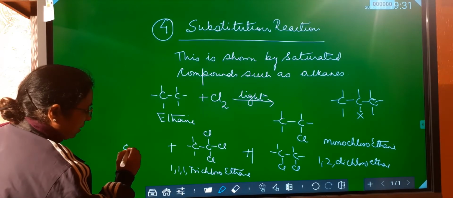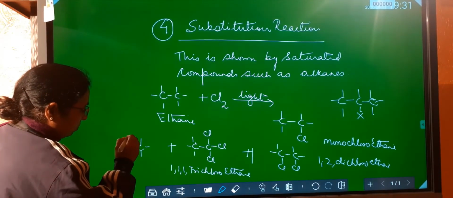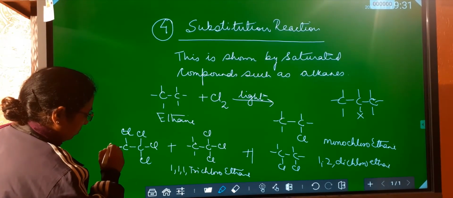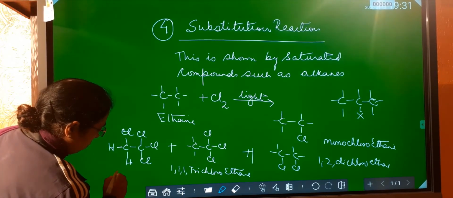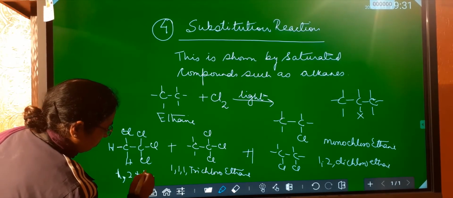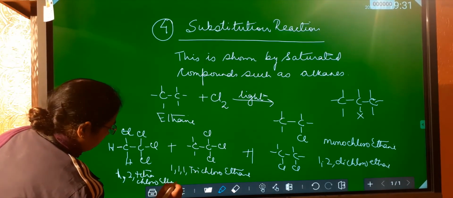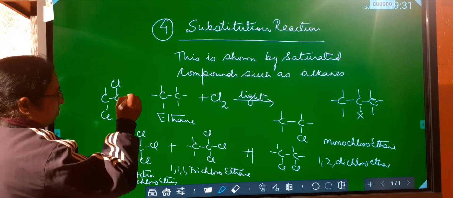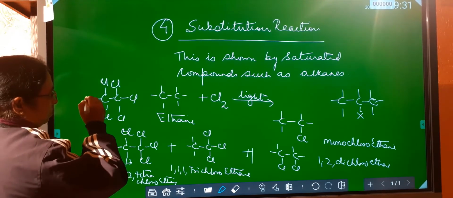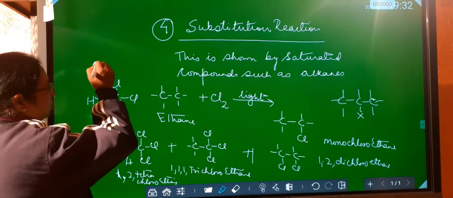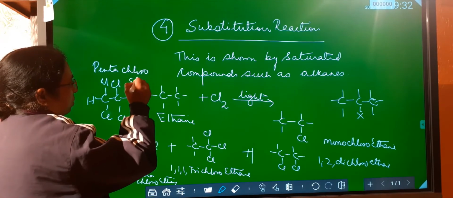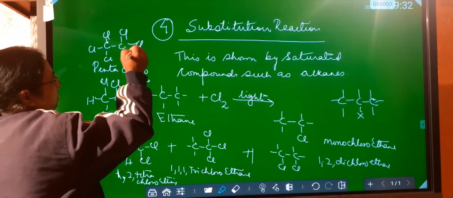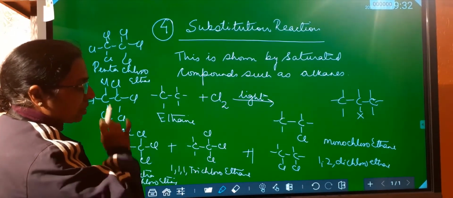Similarly I will get tetrachloroethane, then pentachloroethane, and finally hexachloroethane. So I will be getting a mixture of all these products.